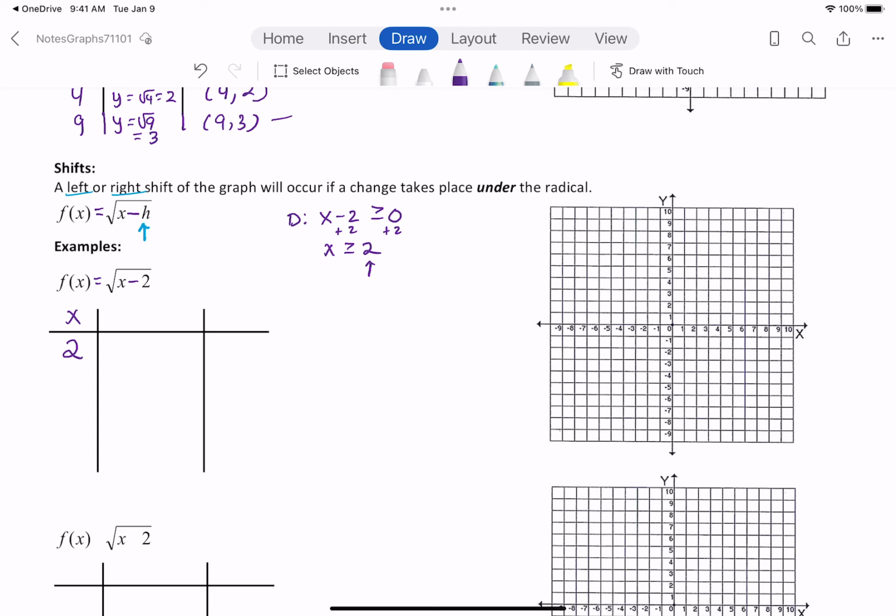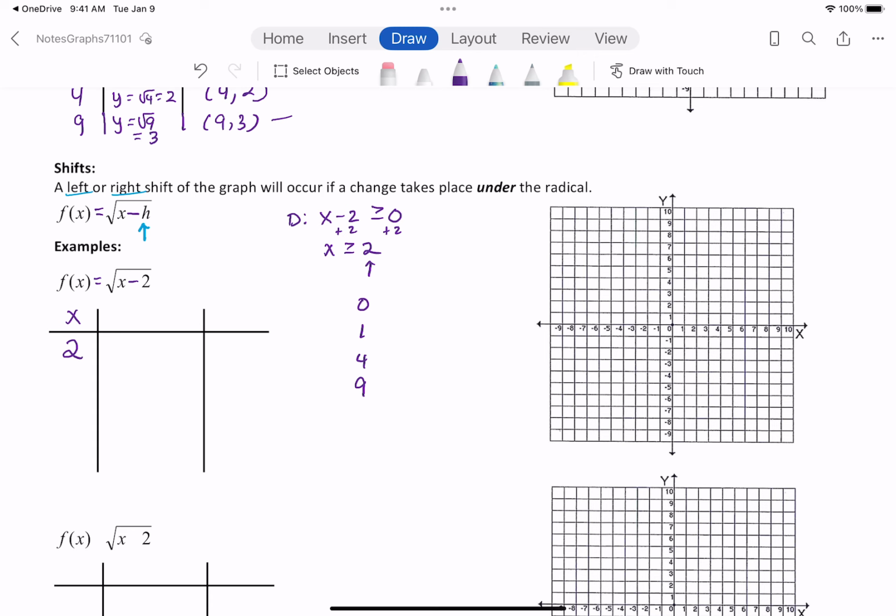So just choosing perfect squares this time is not going to work, because you notice my endpoint 2 is not a perfect square. What's happening is because there is a shift, now we're going to need to shift the x's that we choose to get perfect squares. So my first set of perfect squares is 0, 1, 4, and 9.